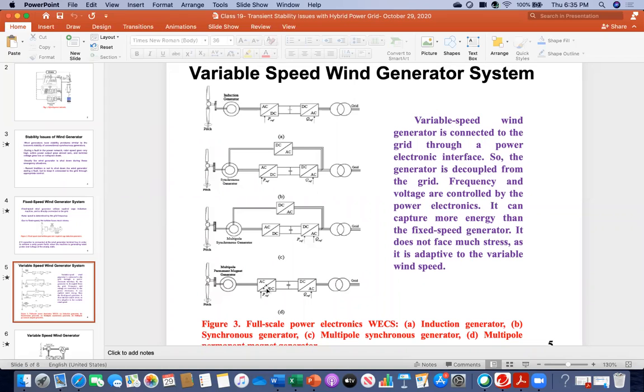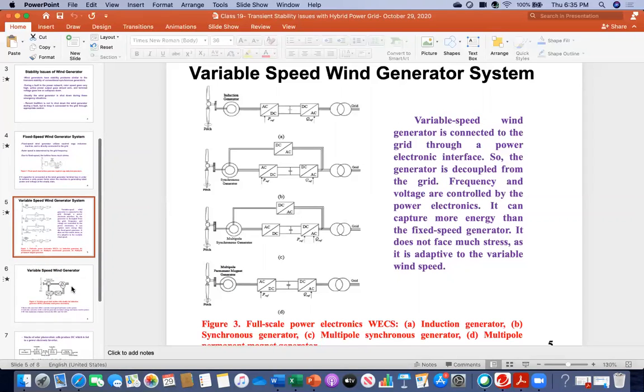And all these three configurations are for the synchronous machine based. The last one is for the PMSG, permanent magnet synchronous generator. That's why you are not seeing a feedback path. And these two are the conventional synchronous machine based, so there is a feedback path, which is providing the required excitation to energize the magnetic field.